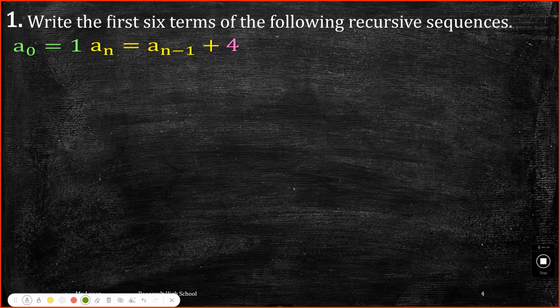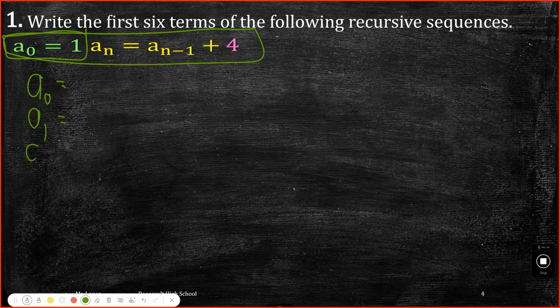So you are given a recursive rule. The whole thing, this is it, where they give you a 0 instead of a 1, and they give you the formula for it. So it says to find the first 6 terms of this sequence. Well, let's get them. A0 is already given. Is this arithmetic or is this geometric?